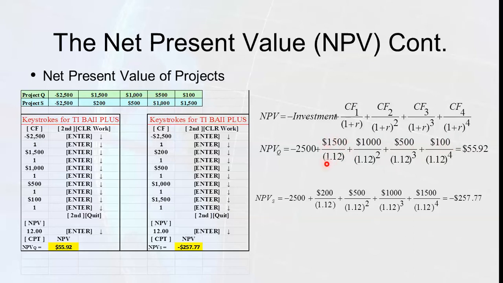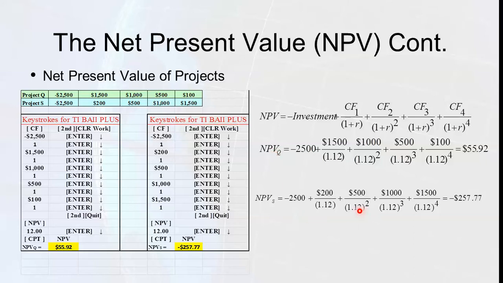Each of them we discount. The first cash flow is discounted one time, the second two times, the third three times, and the fourth four times. You find the present value of all of these and subtract the cost, which gives you $55.92 million. That's the net present value of project Q.